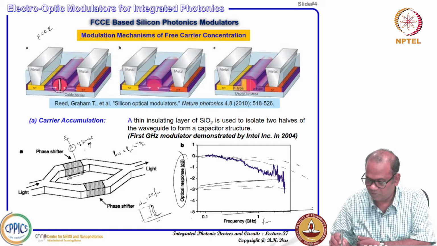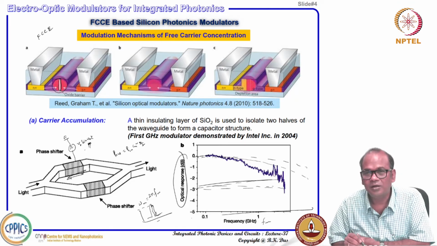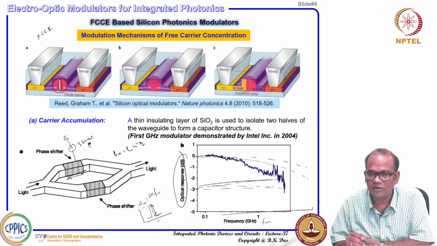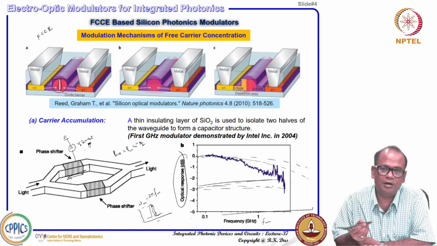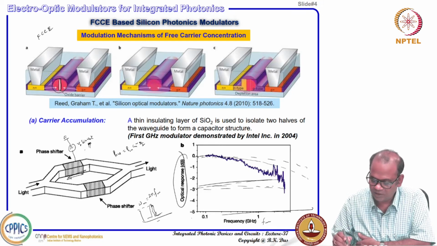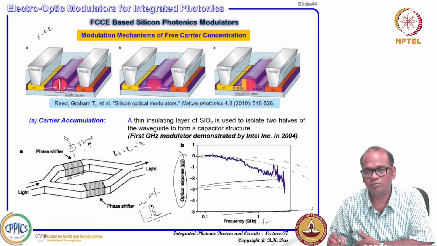It should not happen that at higher frequency your carrier is not able to move as fast as your electrical signal, because after all it is free carrier concentration you are changing, modulating. So that carrier movement should be fast enough so that you can get a high bandwidth modulator.